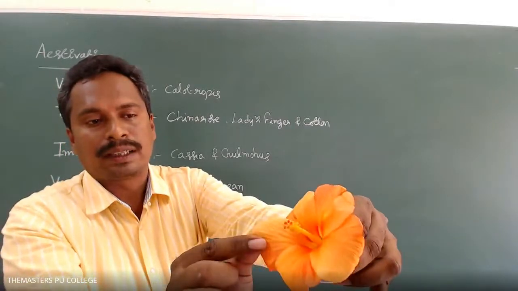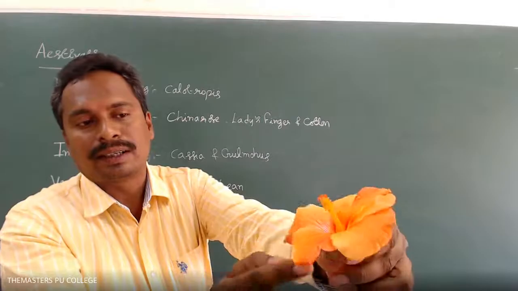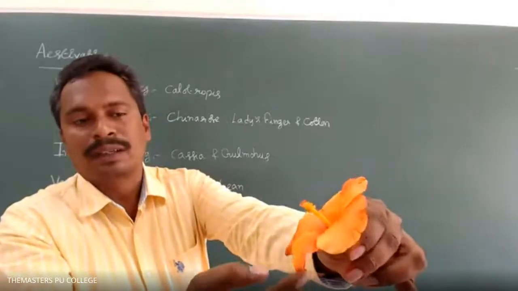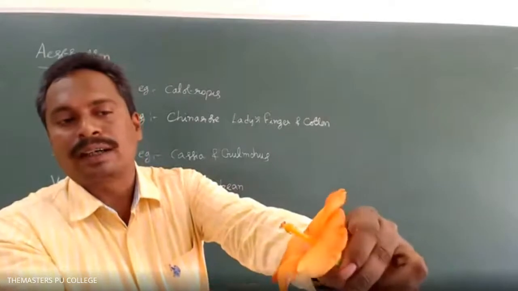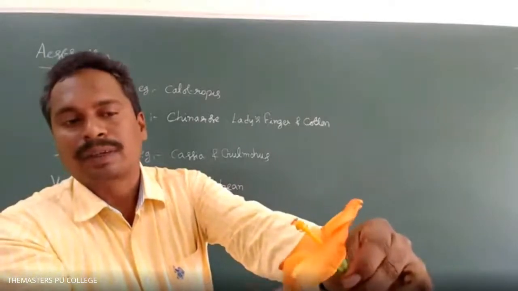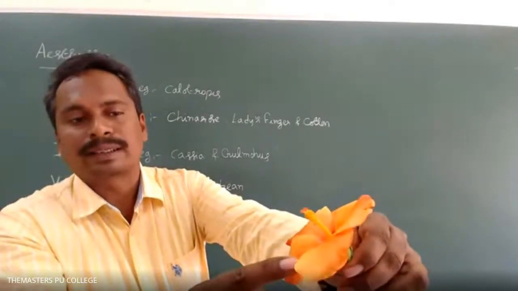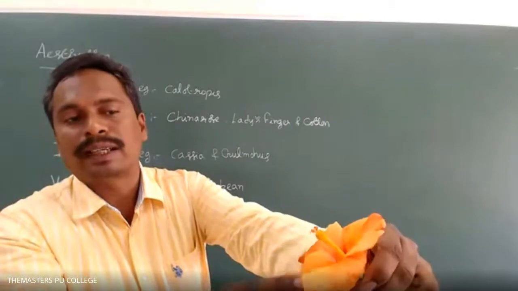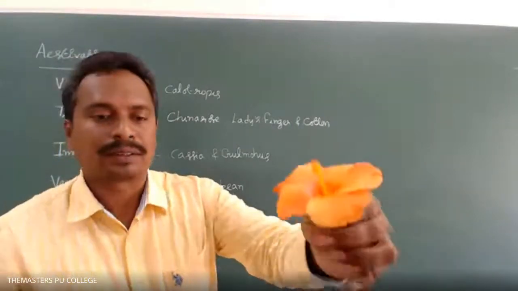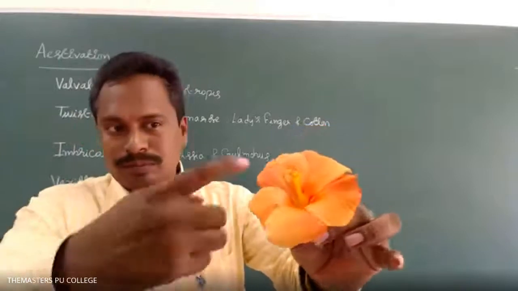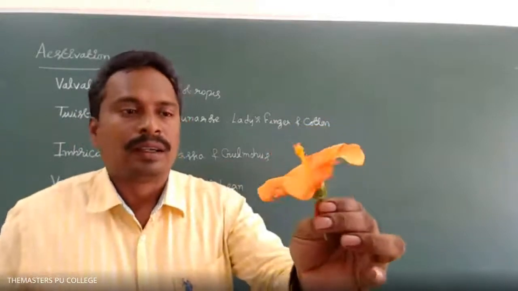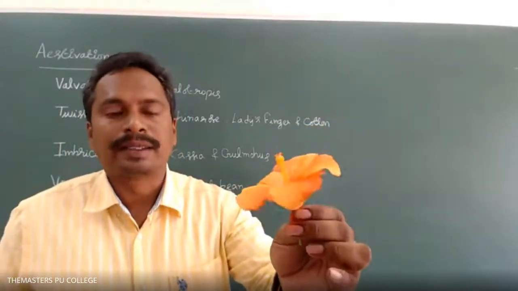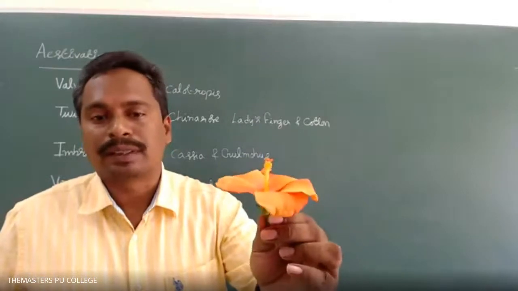One edge is inside and the other edge is outside the next succeeding petal. So the corolla petal arrangement is twisted.